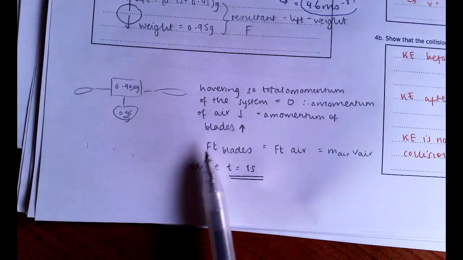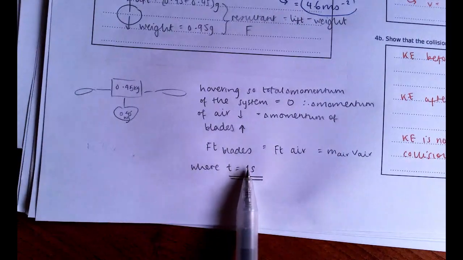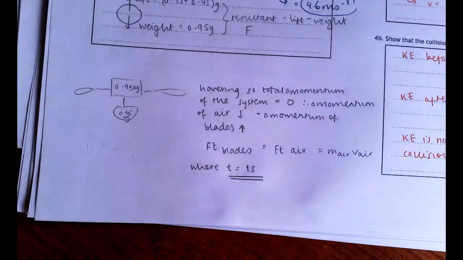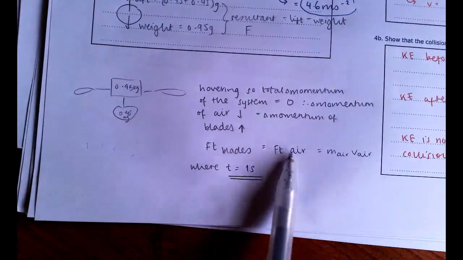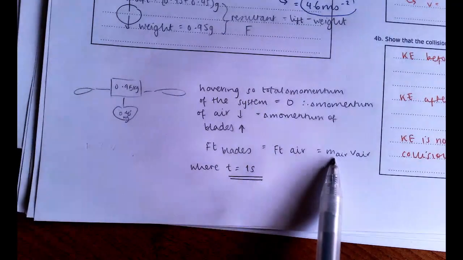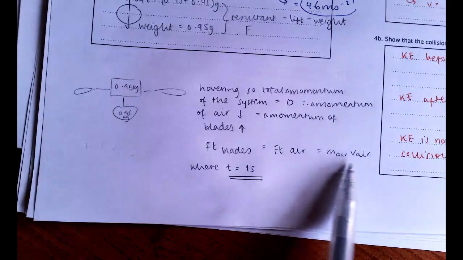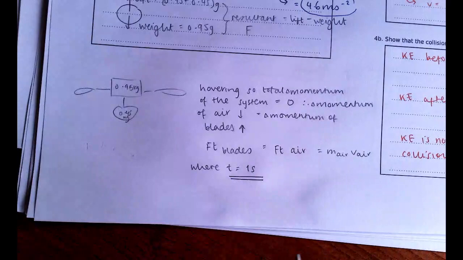So, force multiplied by time of the blades must be equal to the force times time of the air. The impulse has to be the same, the change in momentum. And that must be equal to m air v air, mass times velocity, okay? Because the initial velocity of the air is 0.